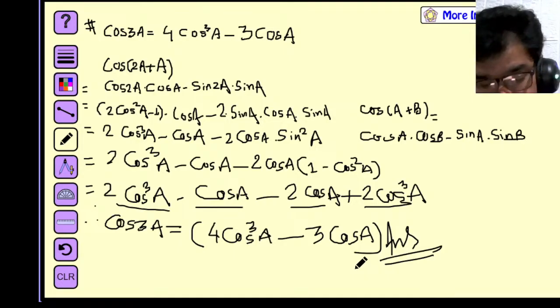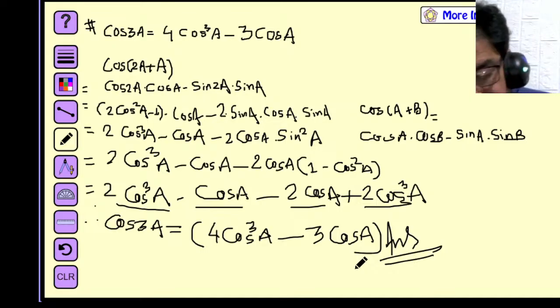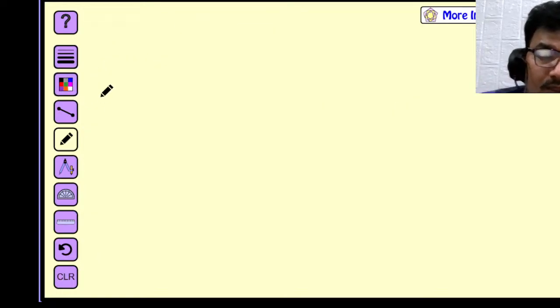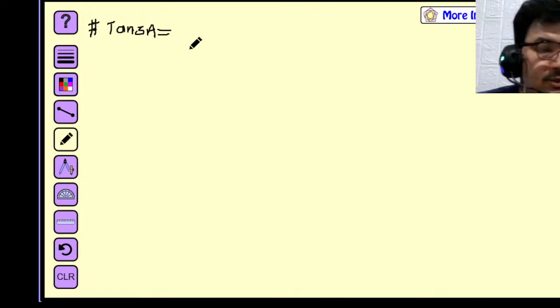Now look, children. Next I want to show you how the formula of tan comes. I have to clear this one and write another relation of multiple angle, that is tan 3a.